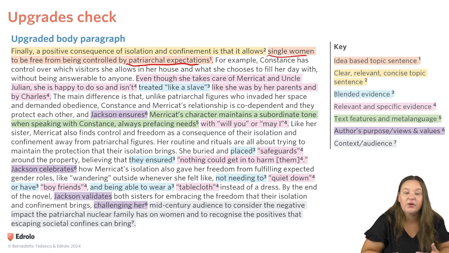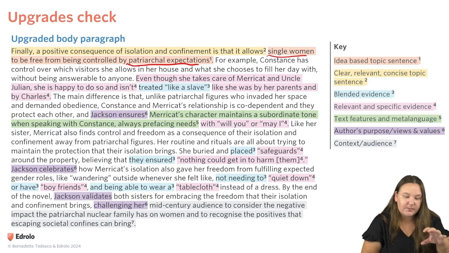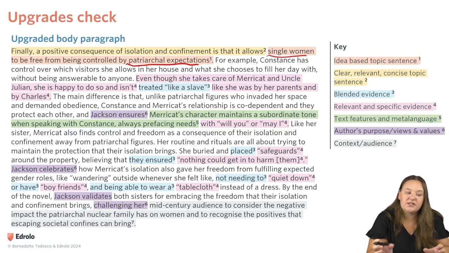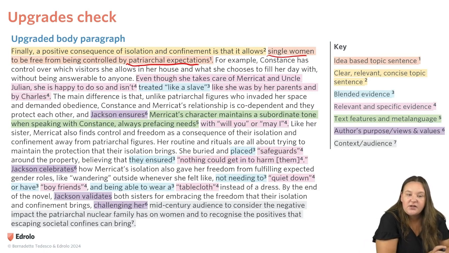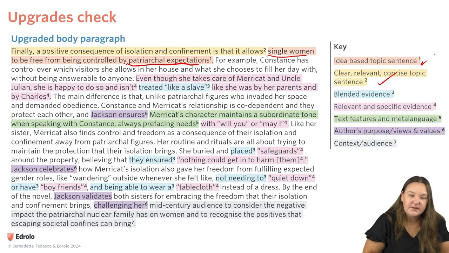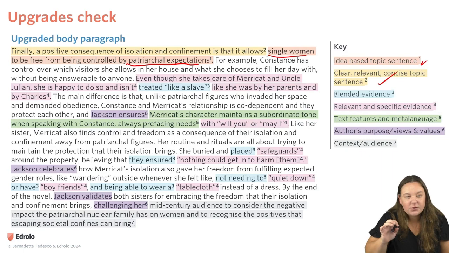And in this case, they represent single women, unmarried women. So to move it from being specific to characters and make it a more universal idea, I've switched out those text-specific phrases for what they symbolize. It's still a clear and concise topic sentence. That required a little bit of tweaking to that sentence to make sure it stayed nice and confined.